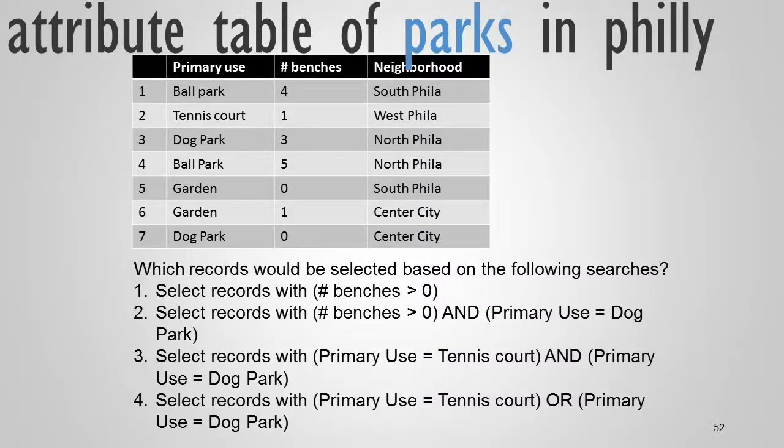How many would be returned by this SQL query? Looks like 3 of them. Numbers 2, 3, and 7. Those are the parks that meet either the criteria primary use equals tennis court or primary use equals dog park.